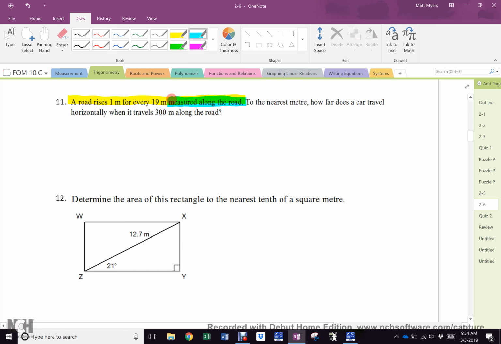If a road is rising, what direction line must I draw? Vertical, horizontal, or diagonal? I must draw a diagonal line. Now, the road rises 1 meter for every 19 meters measured along the road. Where is the 1? It's vertical because the road is rising, yes?